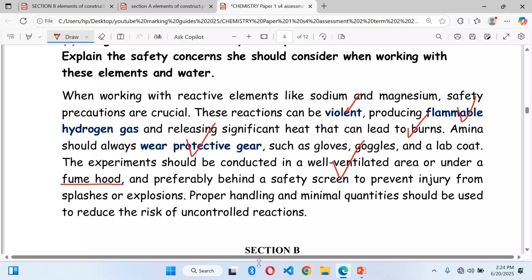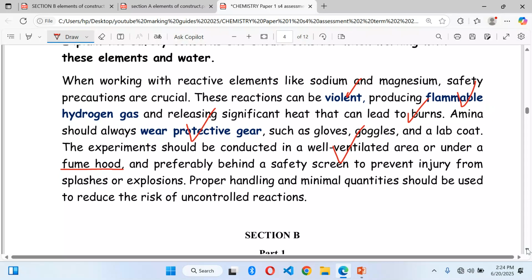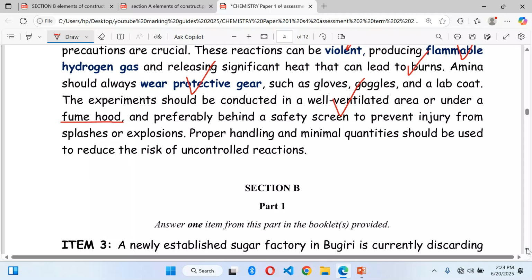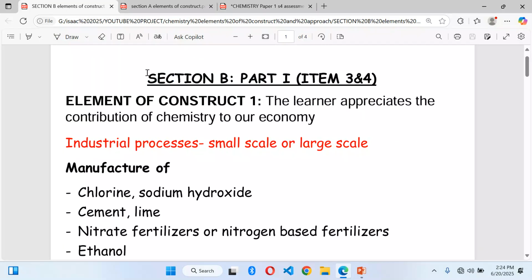Okay, let's go to section B. Now, when you go to section B, part 1, they're saying to answer one item from this part. Don't forget, in section B, part 1, I need to bring us the element of construct that talks about this. So section B, part 1 is here.